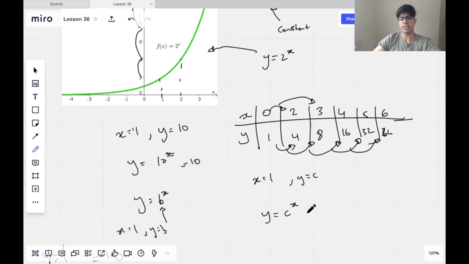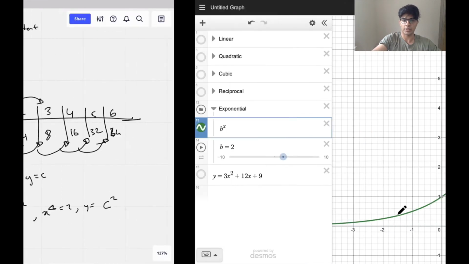Then what you can check is that at x equals 2, y equals c squared. If so, you've probably got an exponential. That's a quick way to check.